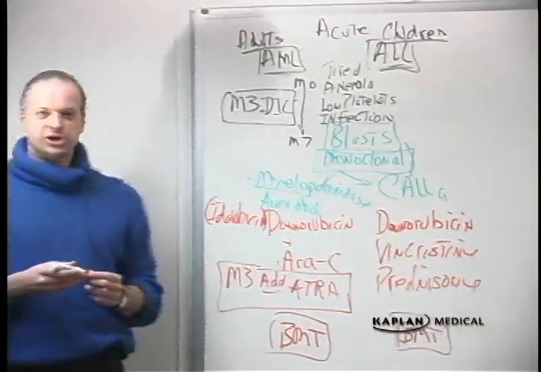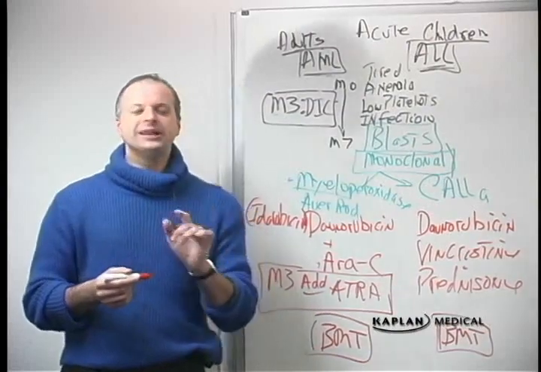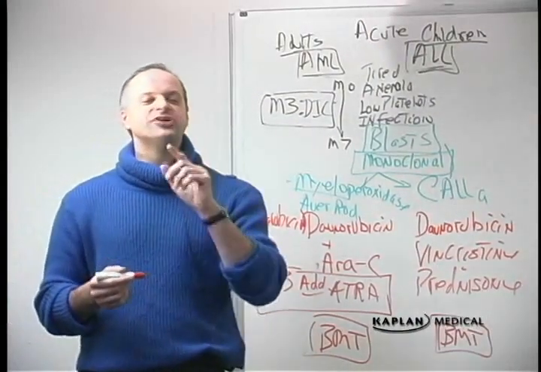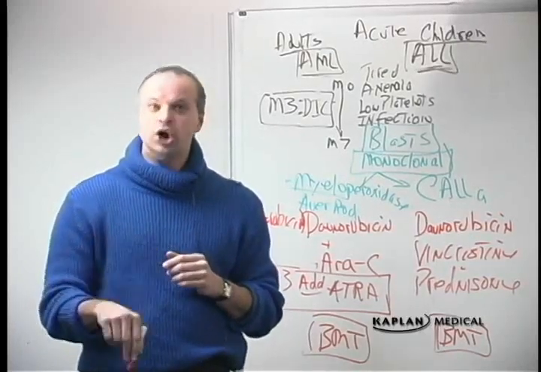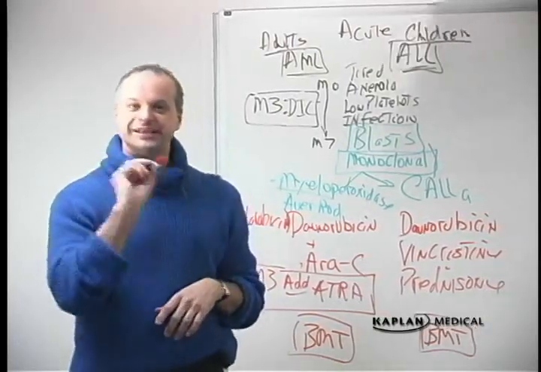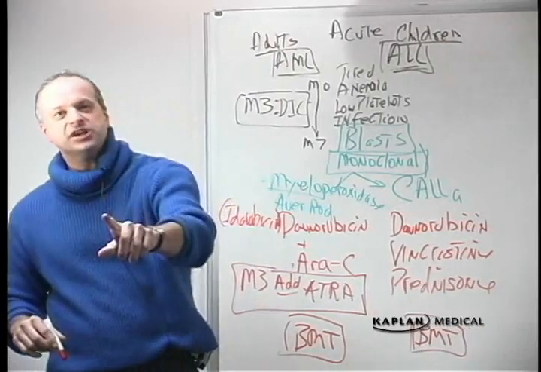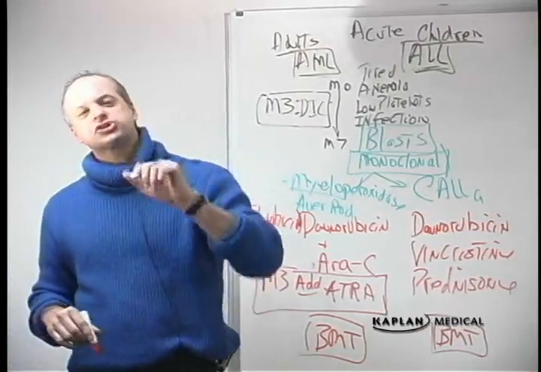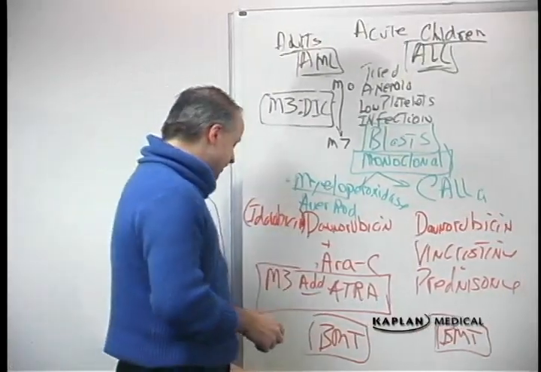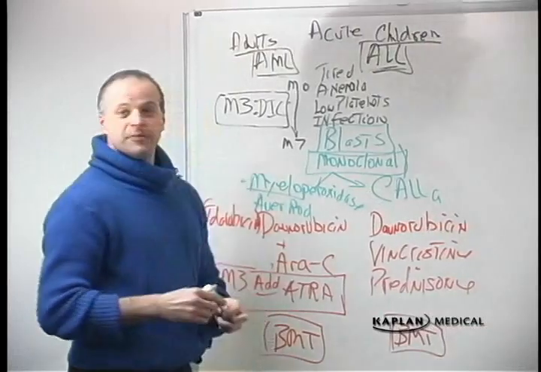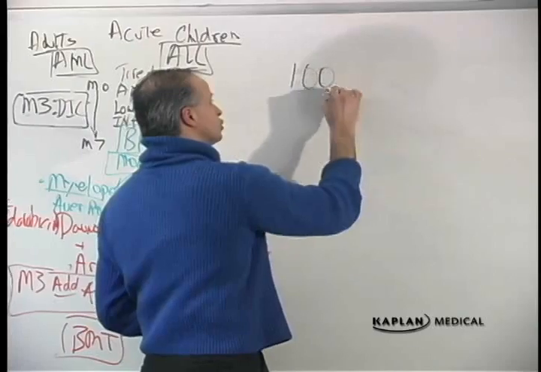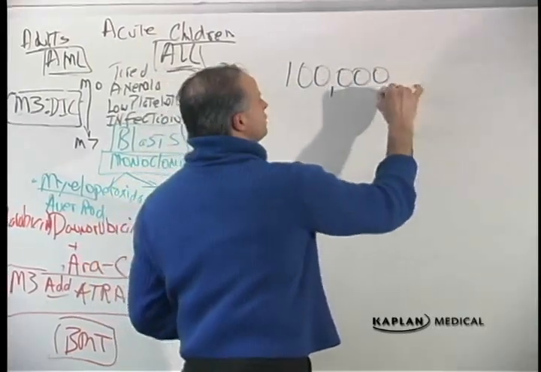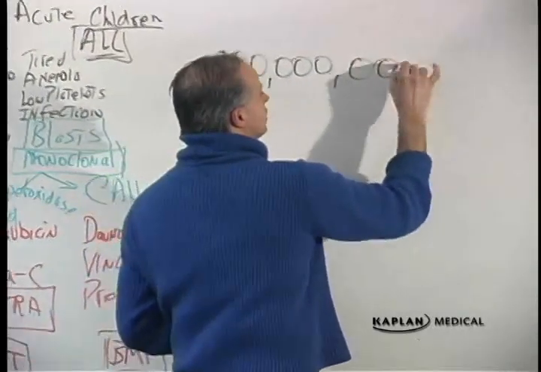Bone marrow transplantation is what is done for everybody who has relapsed acute leukemia. But the question is, who should we transplant as soon as they go into remission? Maybe we shouldn't wait for them to recur.